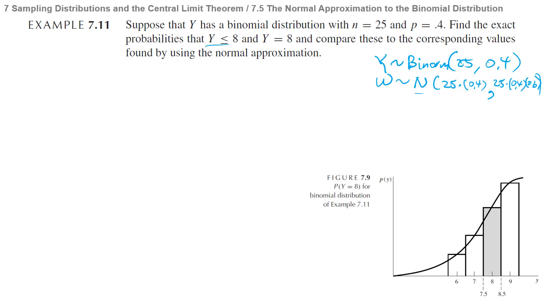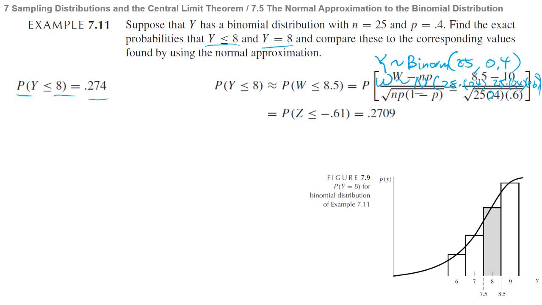To calculate probabilities of this, we can use the binomial table in the appendix. So you can solve the probability of Y less than or equal to 8. You can calculate this quantity as 0.274 using the table in the appendix, and also you can approximate the probability using the normal distribution W, and compare the results.